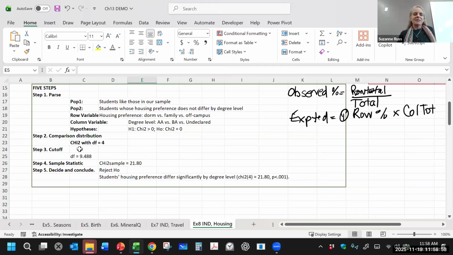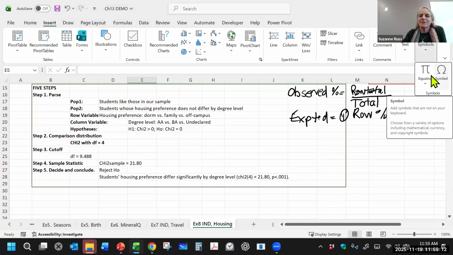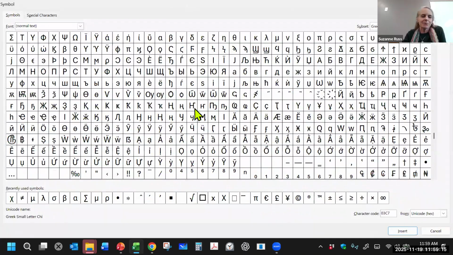There is an interesting thing, if you like to use fancy stuff in Excel. I'll just show you what it is. I had a little bit of a hard time finding the chi-square, but let's say we wanted to have mu written in there and show up as mu.